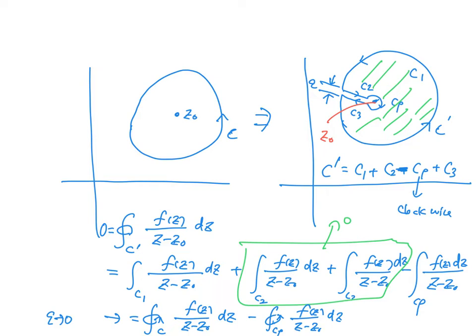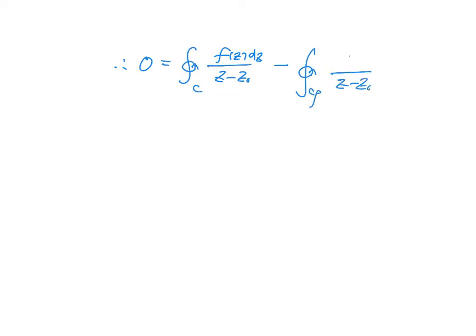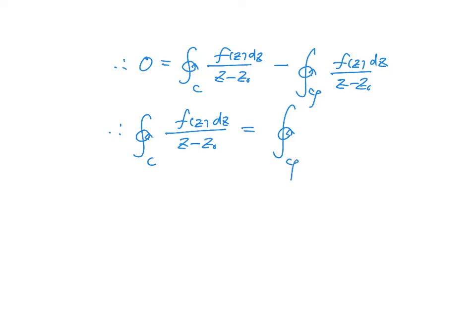I can make another point. So we have 0 is the original contour integral minus 0. Actually we have to set epsilon to 0.